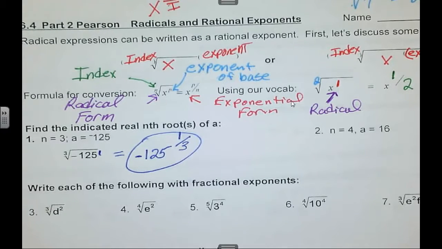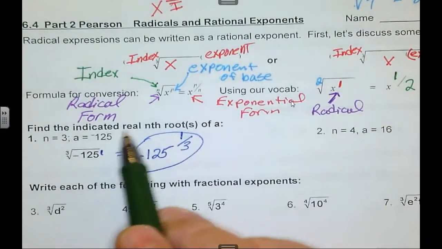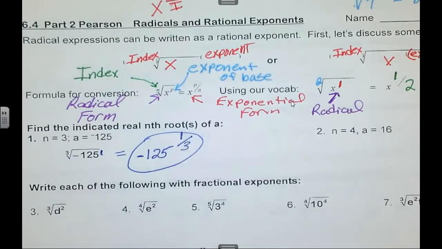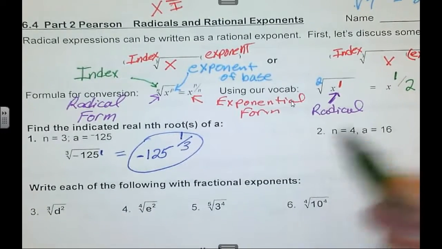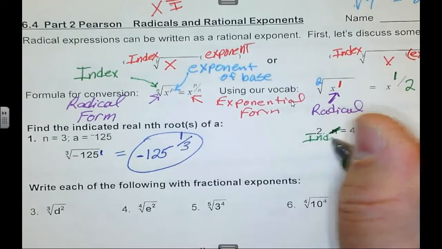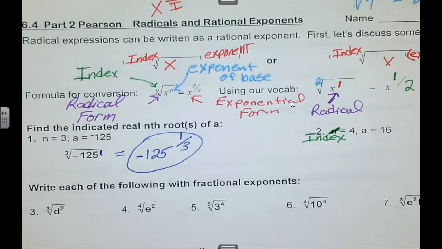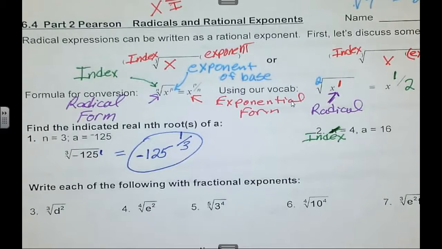All right, so they kind of got different wording here. They're calling my root or my index n. We're going to call this index. I'm not going to use random letters. I will use exponent and index. Okay. So my index is 4, and my base is a.